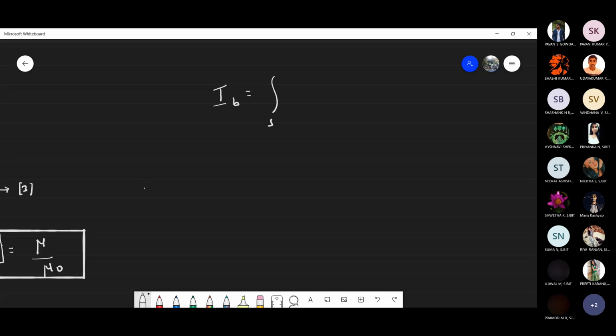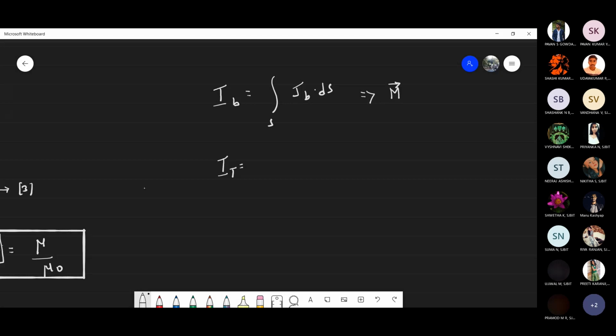surface integral J_B into dS. This is in terms of M, that is, in terms of magnetization. And I_T, what is I_T?